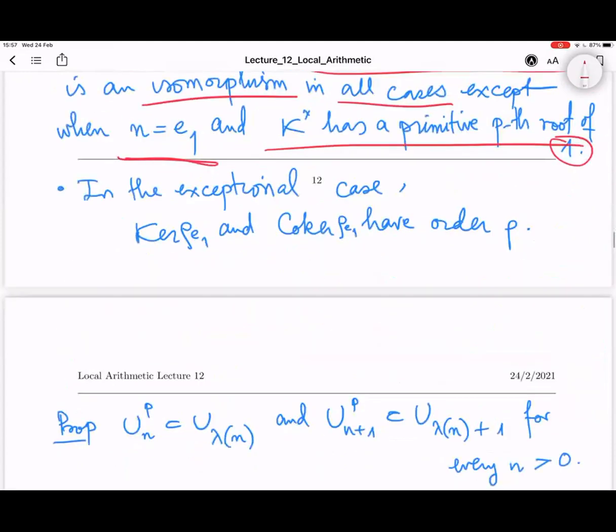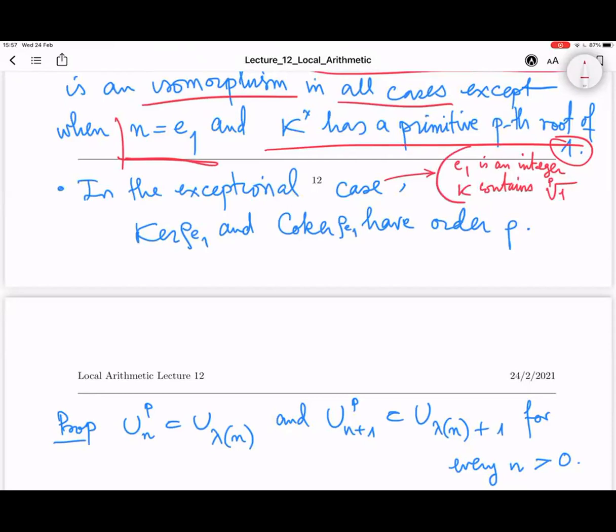And what happens when n is, this was the exceptional case. The exceptional case means that e1 is an integer and K contains a primitive pth root of unity. So I'll just denote it by this.